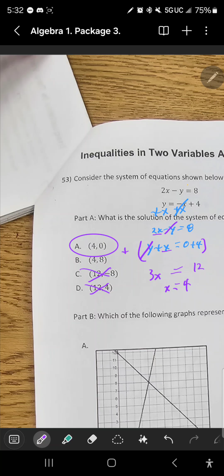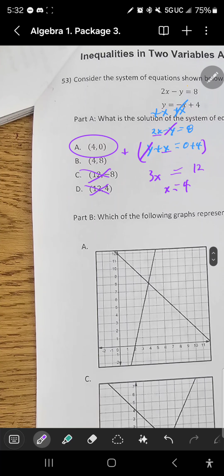So if I know that they intersect at 4, 0, so basically that they encounter each other at that point, I know that this point in the middle needs to be 4, 0.